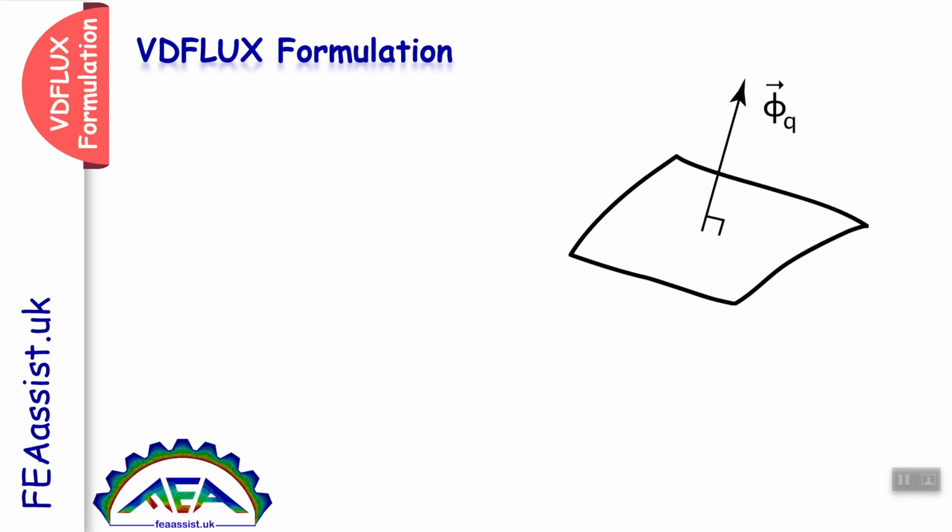So this is the definition of heat flux. Actually, we define the flux in heat transfer problems as q equals minus k dT/dx, and for mass diffusion it is minus D dC/dx, where C is the concentration and D is the diffusion coefficient.